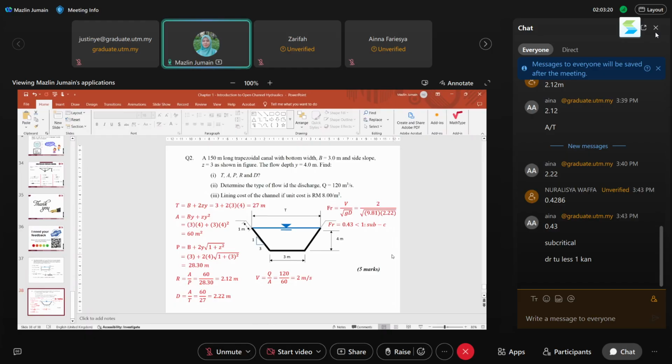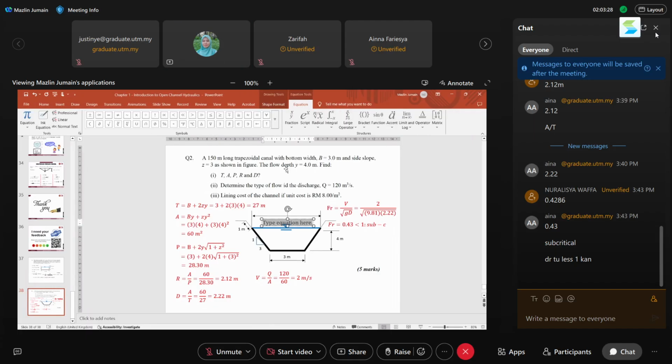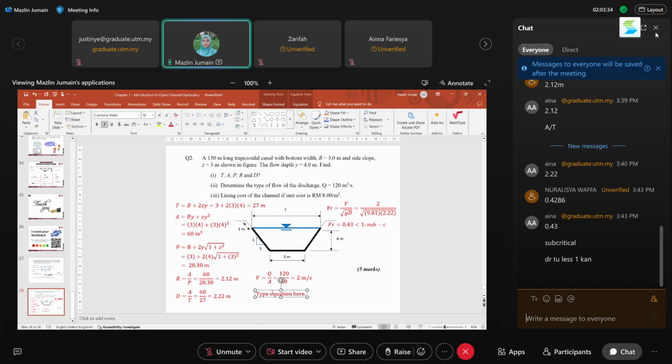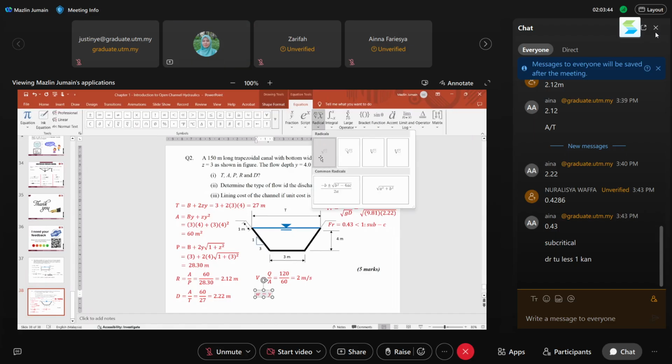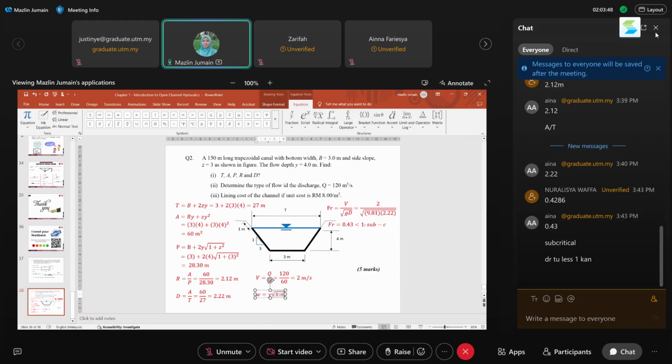So to solve this one, you need to find the side length dulu, W. So for the W, the side length equal to Y times square root 1 plus Z squared.